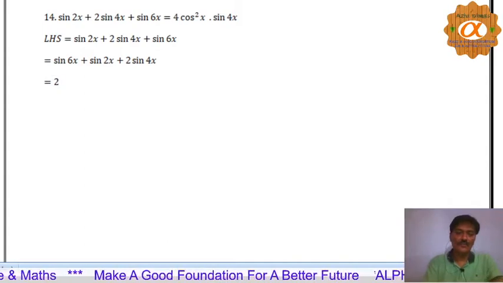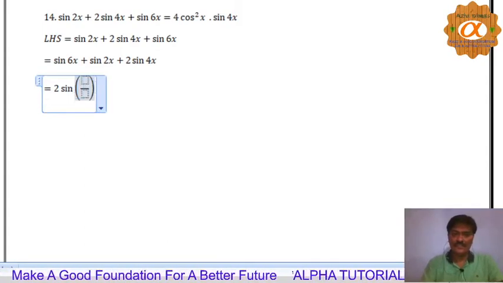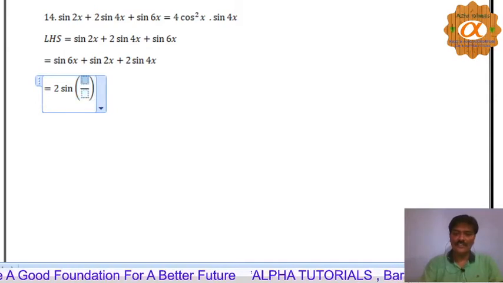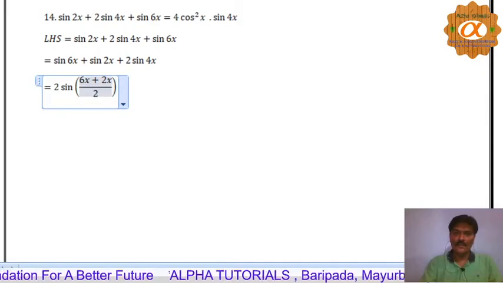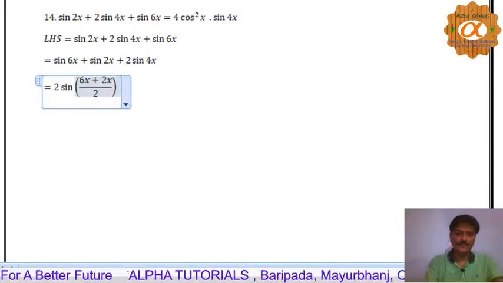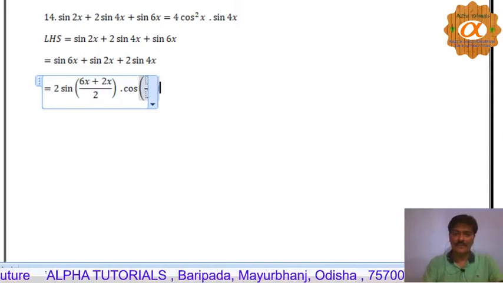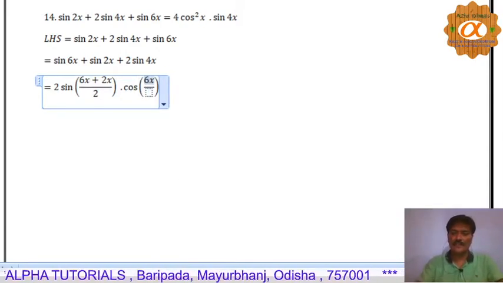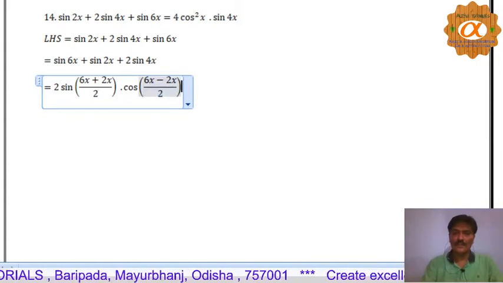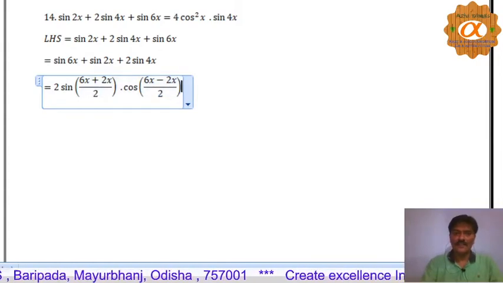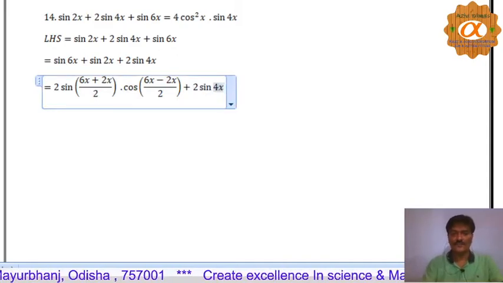So it becomes 2 sin (A plus B) by 2, where A plus B by 2 means 6x plus 2x by 2. Similarly, cos (A minus B) by 2 becomes 6x minus 2x by 2, and the last part is 2 sin 4x.